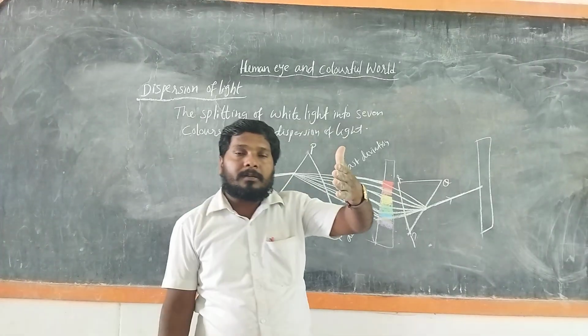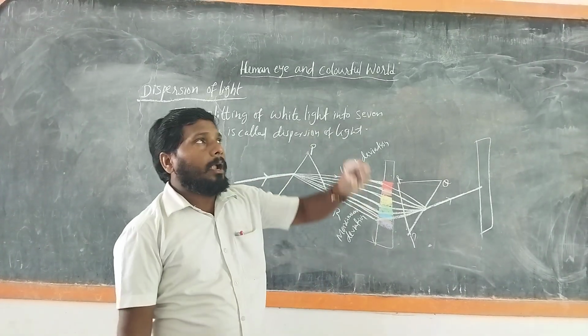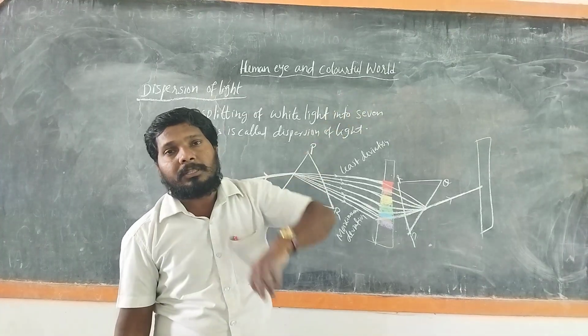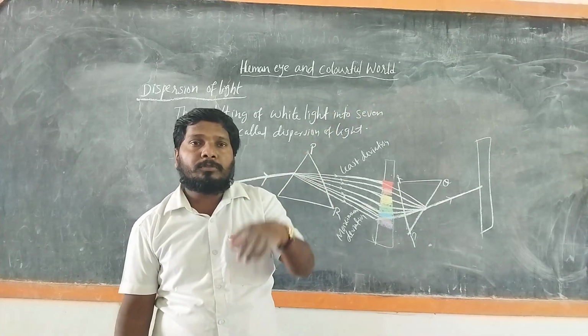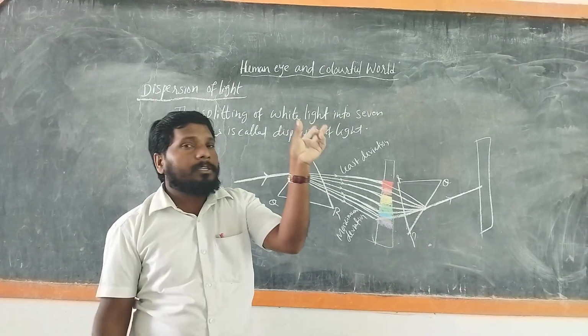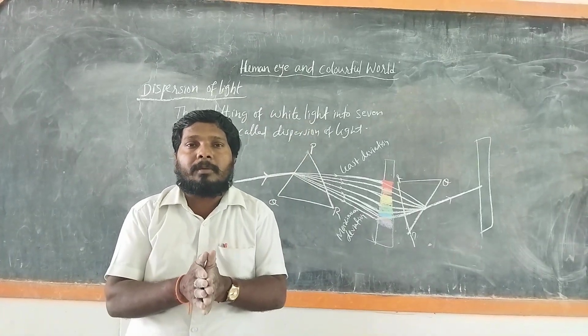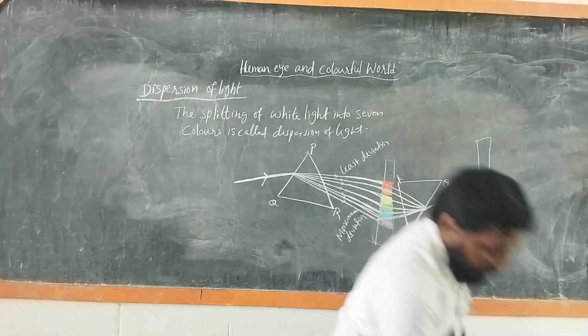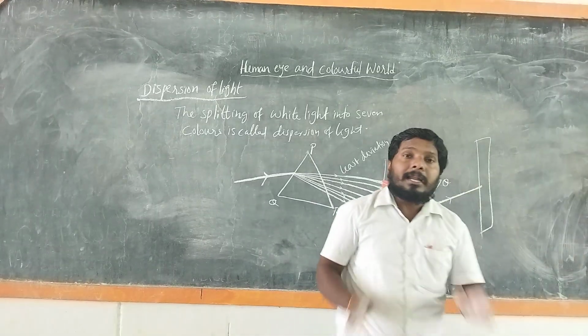If you take your scale and make some angle with the light, you are able to see the rainbow. The rainbow is formed because of natural dispersion. So dispersion takes place in nature.